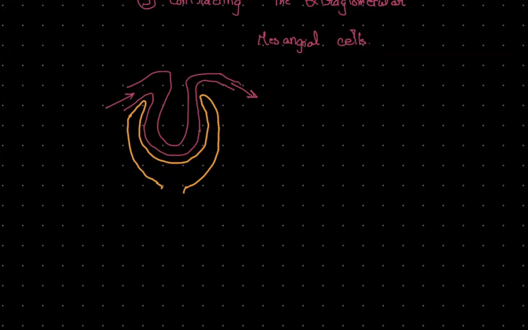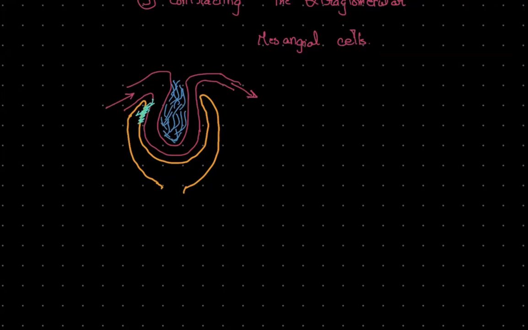This is where I've got my extraglomerular mesangial cells. You see all the surface of the capillaries in contact with the Bowman's capsule.